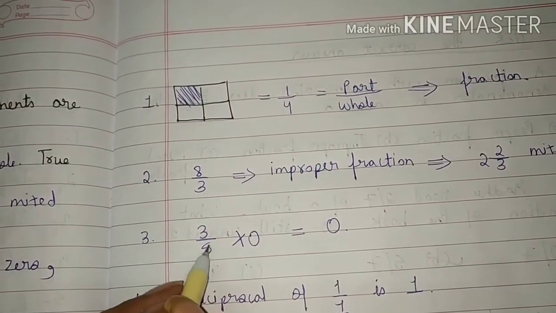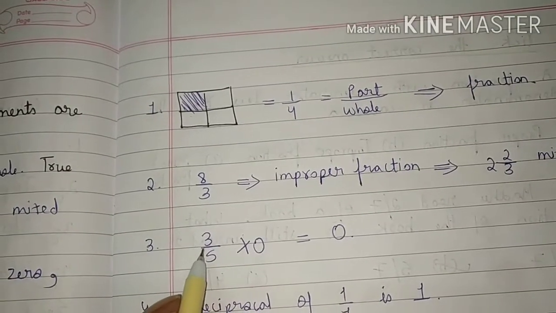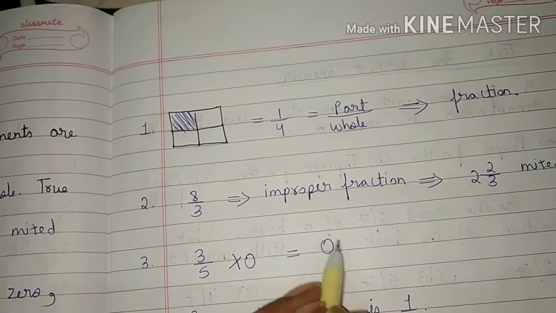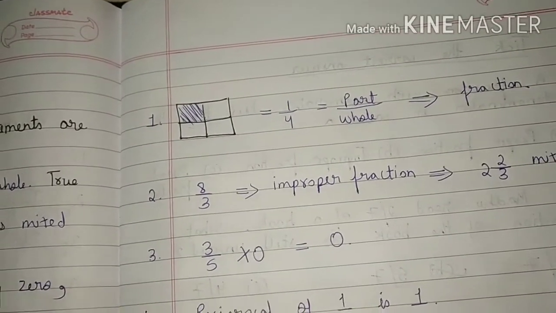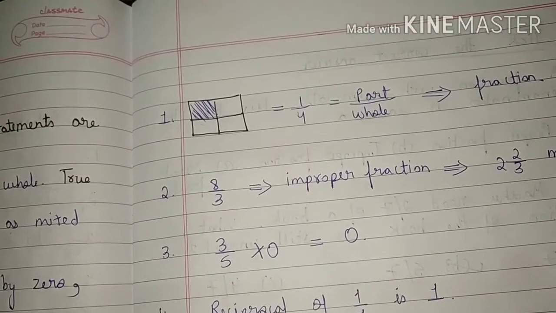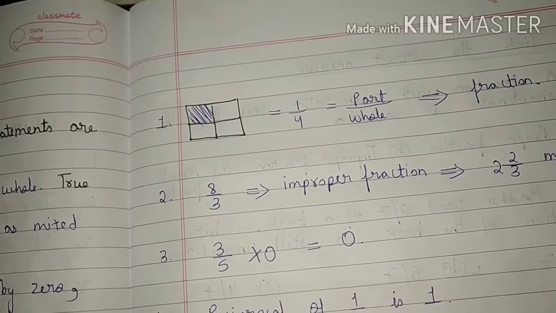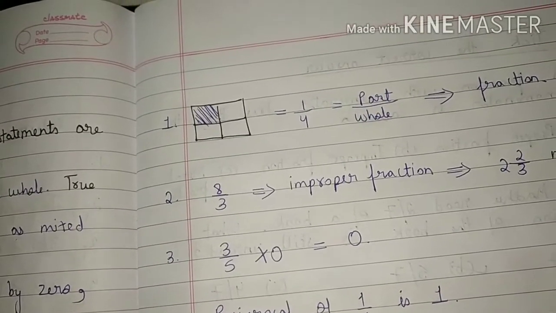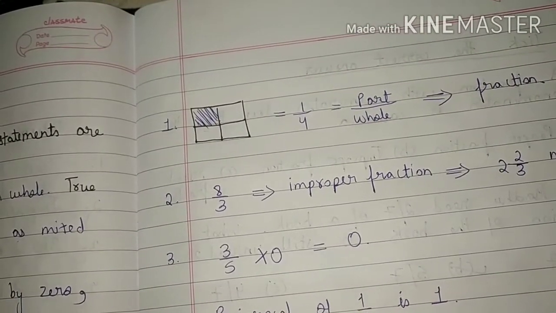This we have written in a fraction form, and when we multiply 3 by 5 into 0, we get the answer 0. Students, when you multiply any fraction by 0, you always get the answer 0. Or when you multiply any number by 0, you always get the answer 0.